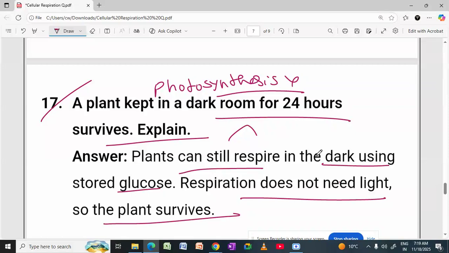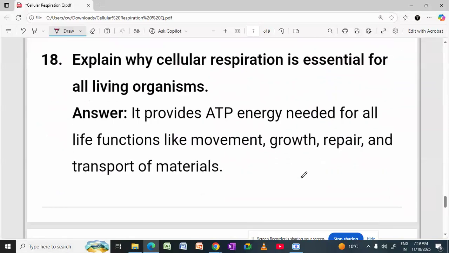So the plant survives because it is respiring using stored glucose. Next question is, explain why cellular respiration is essential for all living organisms. What do you think? Because what is produced here? ATP.